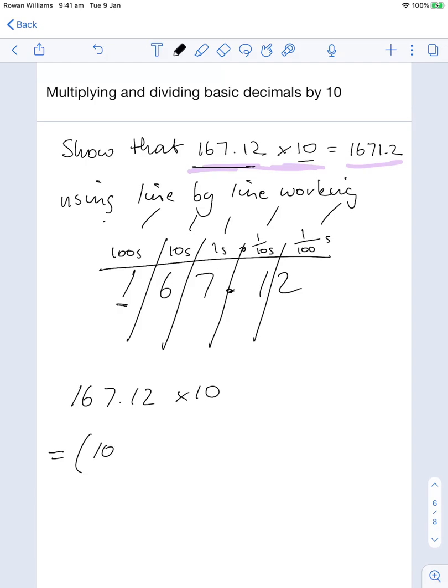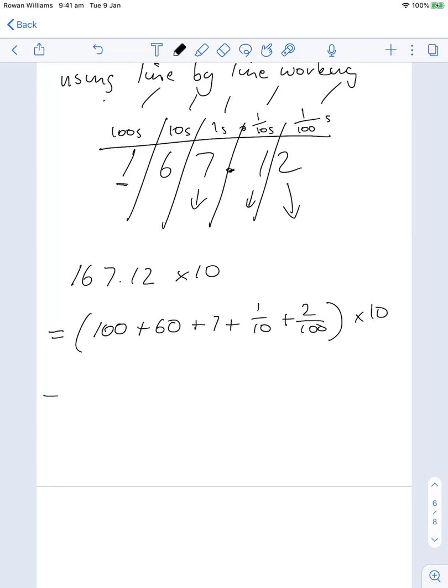I'm going to say that equals 100 plus 60 plus 7 plus 1/10 plus 2 hundredths. See how I've just grabbed everything from my columns and broken it up. If I added all this up, that's just going to equal 167.12. And then I keep the times 10 outside my brackets. My next line is that I then times that in.